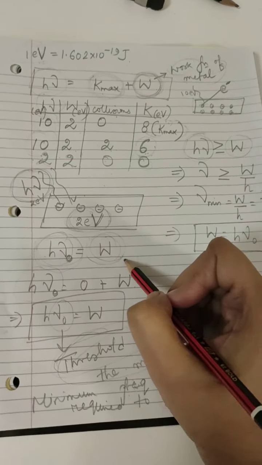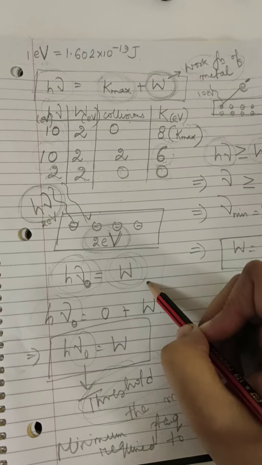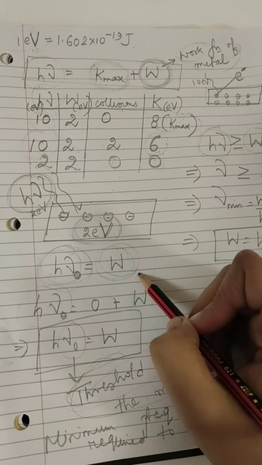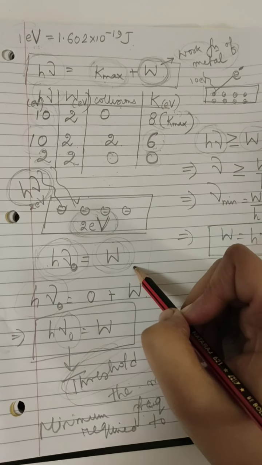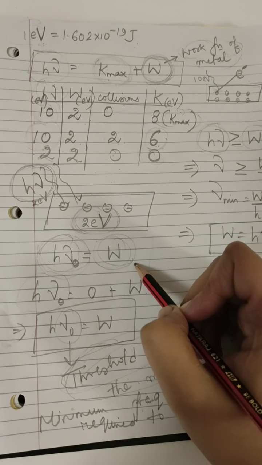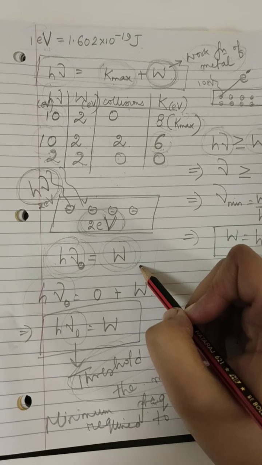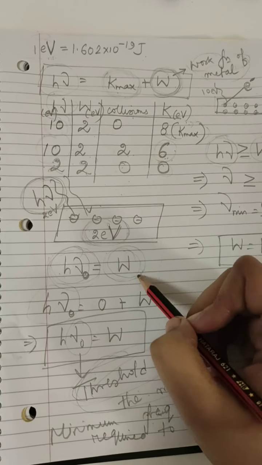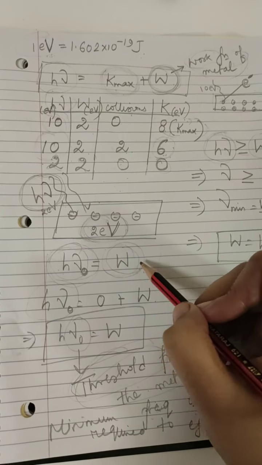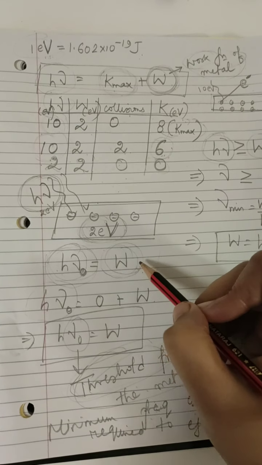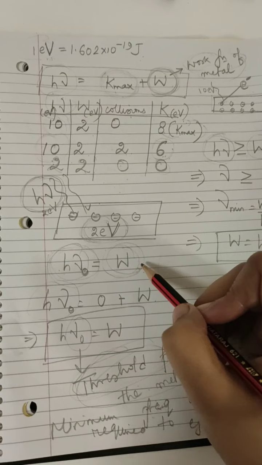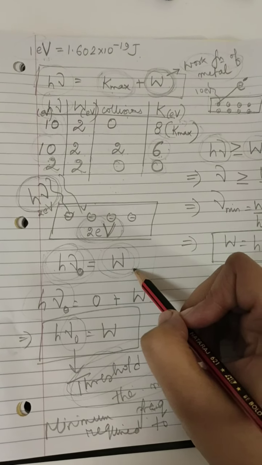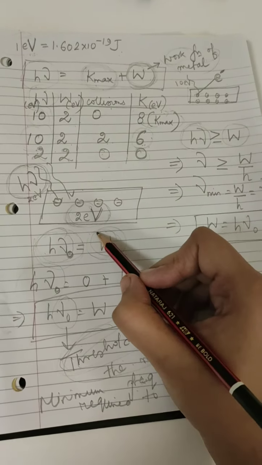So you may define work function as the minimum energy required to eject an electron from the metal surface with zero kinetic energy. Okay, that is the work function of a metal.